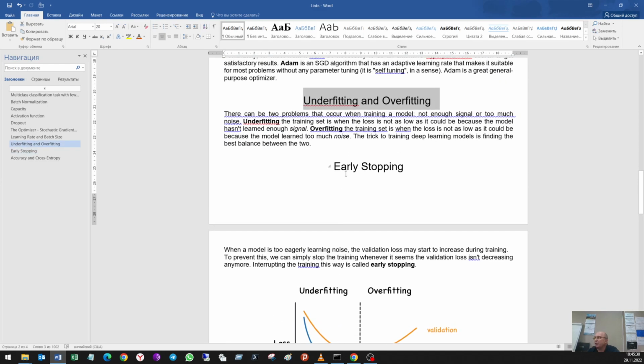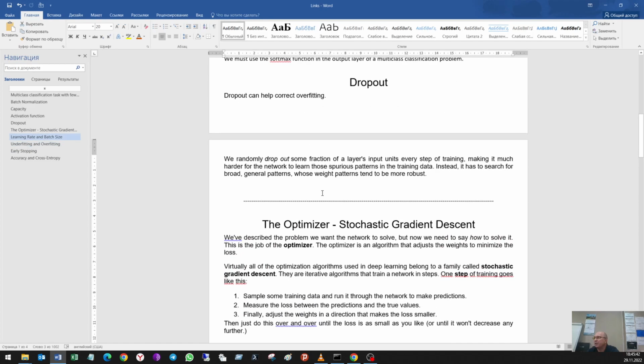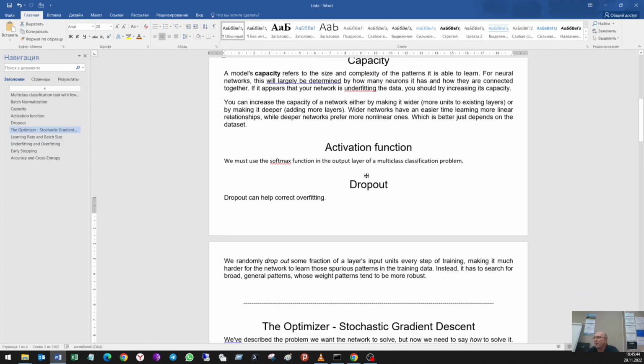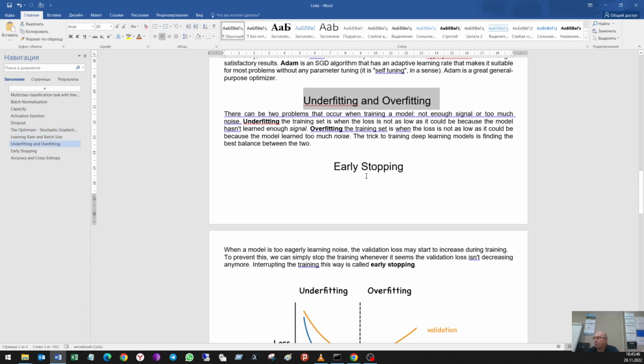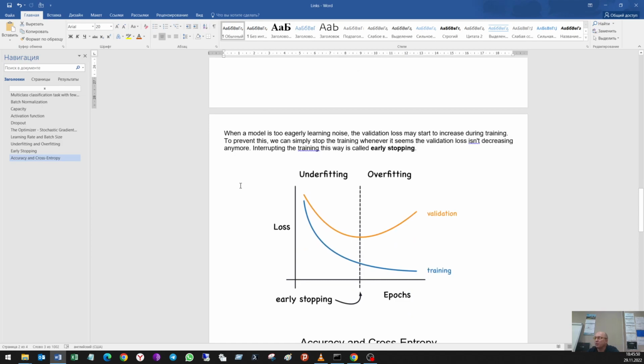For that is used the dropout, the batch size, the learning rate parameters, and also early stopping. When a model is too eagerly learning noise, the validation loss may start to increase during training.